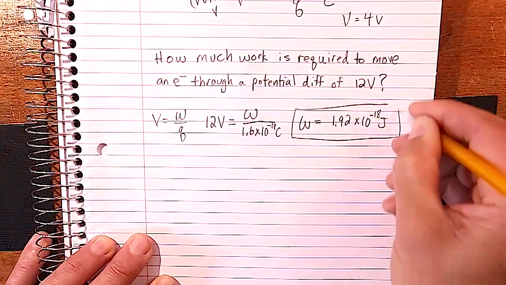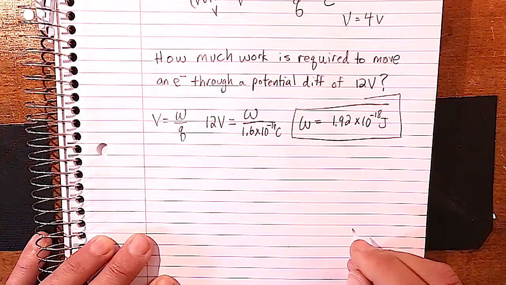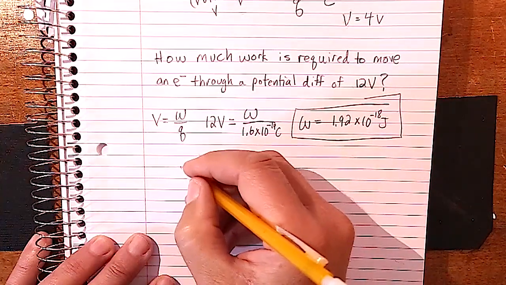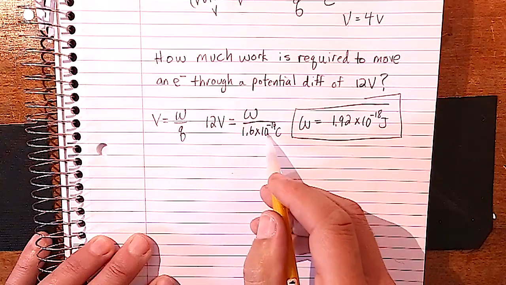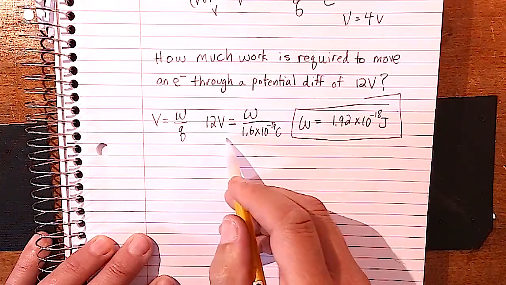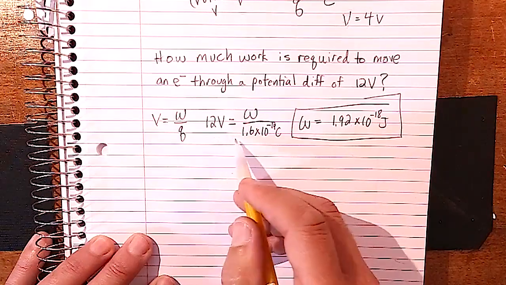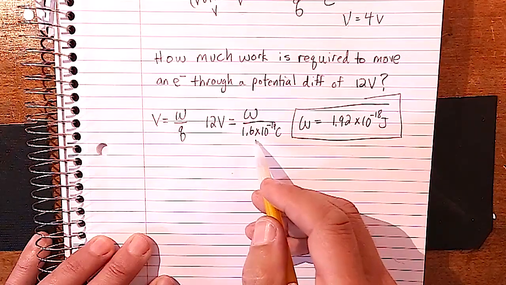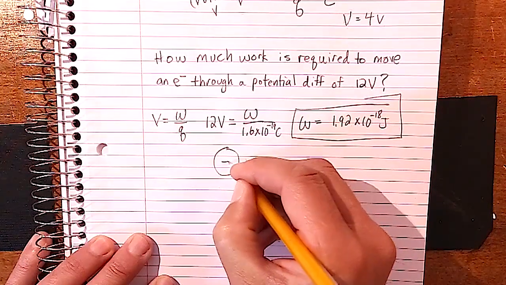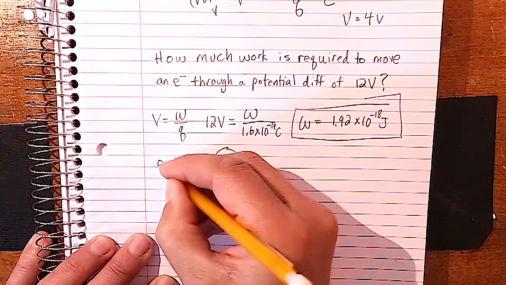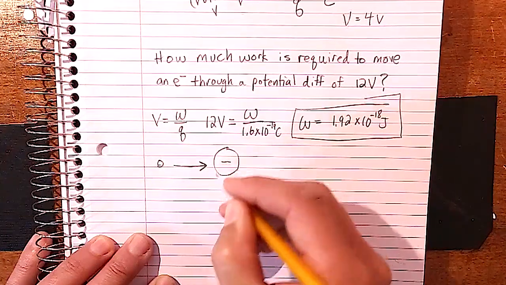So pretty straightforward. But let's say that the electron was released. Now, think about this. Work is being done on it. So it's gaining some type of energy. Well, what it's gaining is potential energy. And we could think of it this way, as we have a large negative charge and we're moving it through a potential difference.